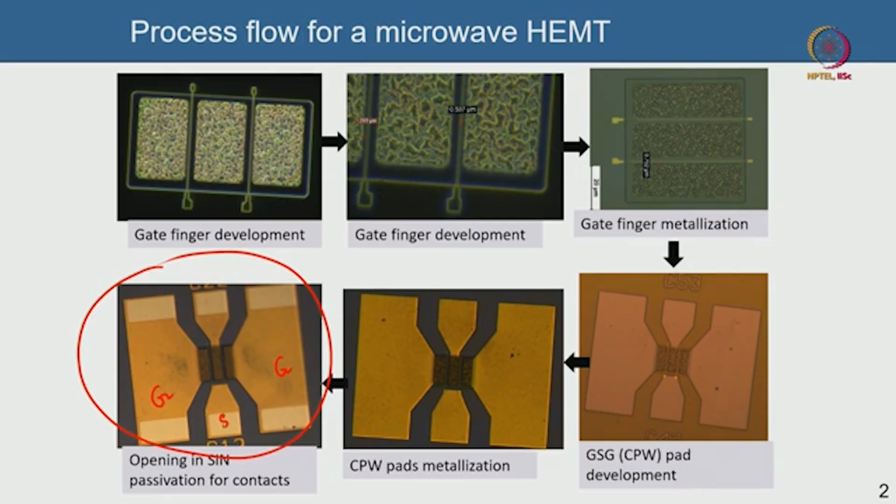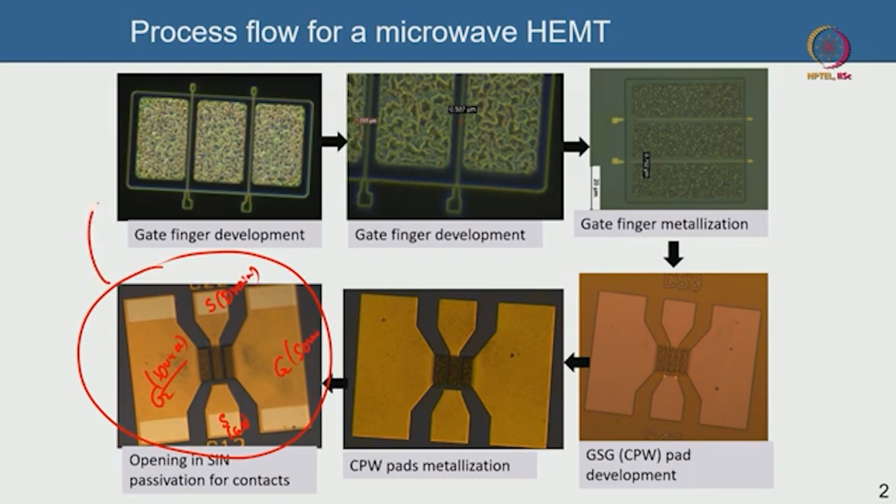This could be, for instance, the gate, and this signal is the drain, and these grounds are essentially sources. This is the configuration in which you make RF devices on the wafer, so you have to characterize them on wafer using this kind of structure.